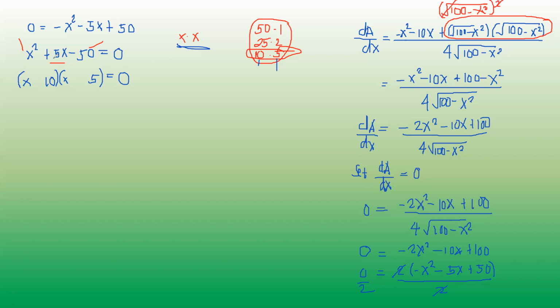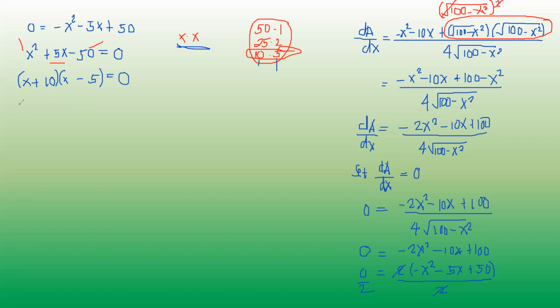Dapat ay positive yung 5x. So, dapat mas malaki yung positive. Si 10 dapat ang plus, si 5 ang negative. Pag chinek mo, 10x, ito ay negative 5x. So, i-add mo yung 10x saka negative 5x, we have positive 5x. Check mo rin dulo, 10 times negative 5 is negative 50.